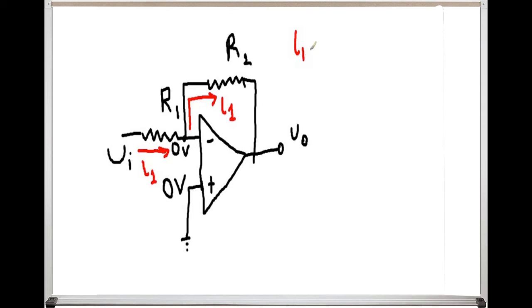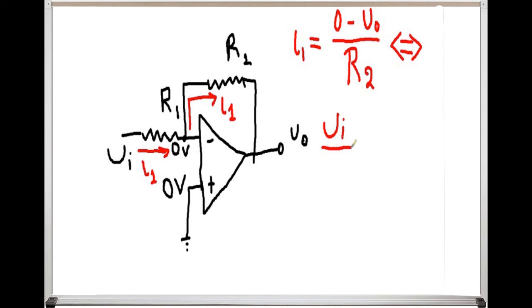I1 is equal to 0 volt on its left side minus V out on its right side divided by R2.